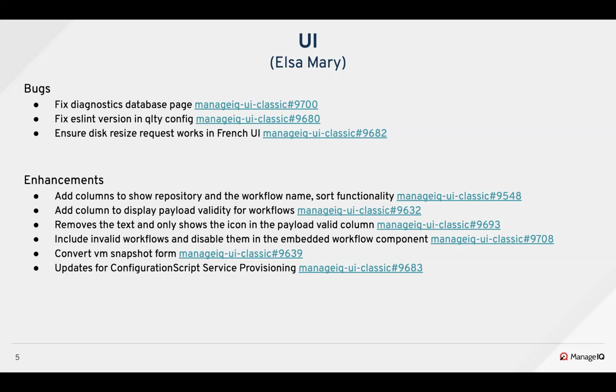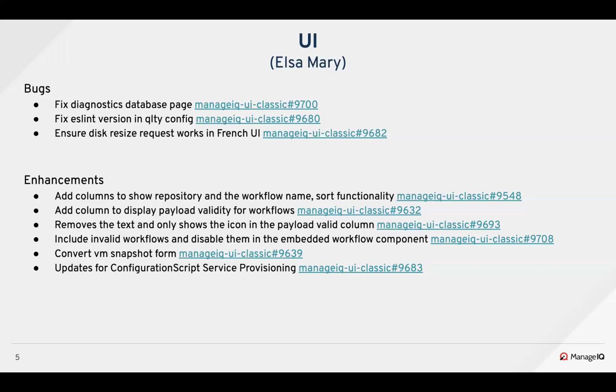On to enhancements. Gilbert had a PR to add columns to show repository and the workflow name in the embedded workflow component. Also, sort functionality is added to the columns. Then Adam has a PR to add a column to display payload validity for workflows. Then there was a PR to remove the text and only show the icon in the payload valid column.